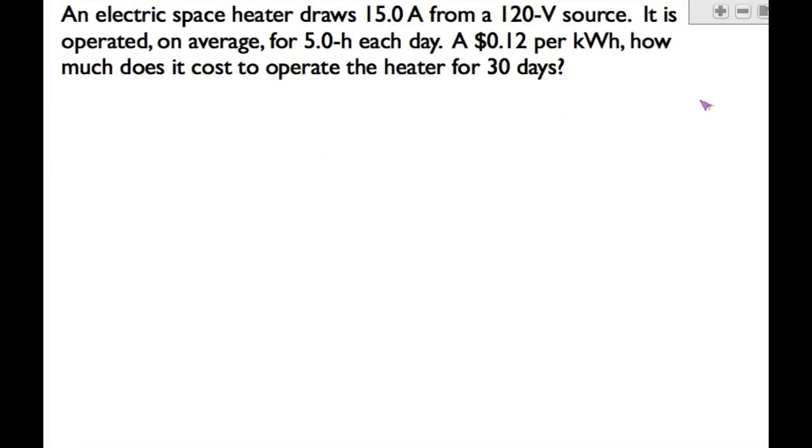So then they give you the same information, a current of 15 amps, 120 volts, 5 hours a day, and then they tell you that they charge you 12 cents per kilowatt hour, and you want to know how much it costs to operate the heater for 30 days. So we have our energy in kilowatt hours from the previous problem.